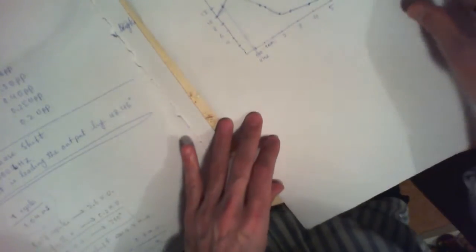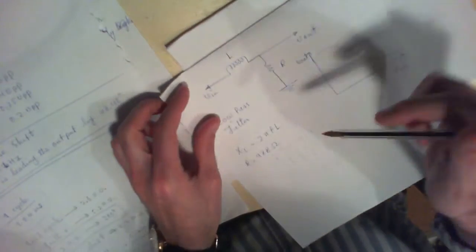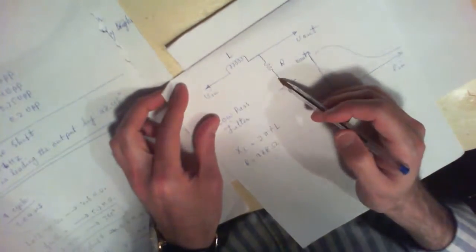Okay, so first of all, the circuit that I had was a low-pass filter, which was this thing over here.